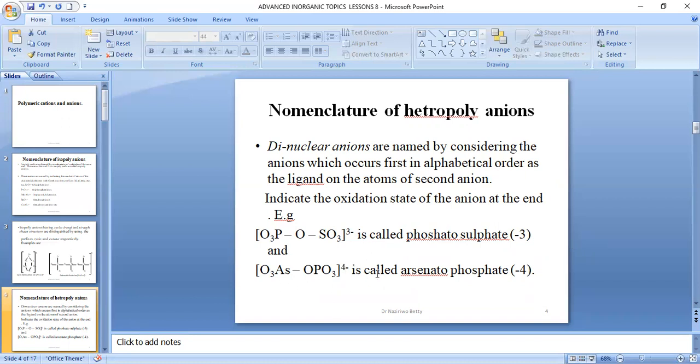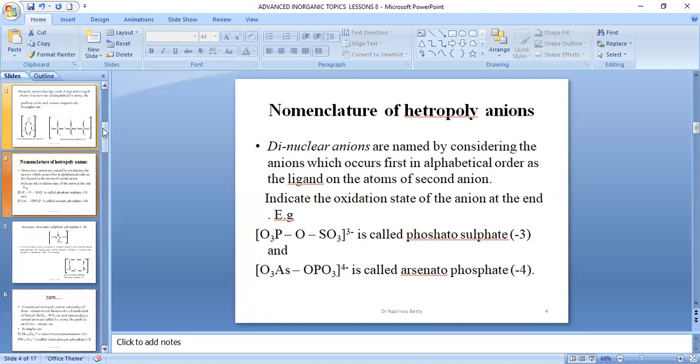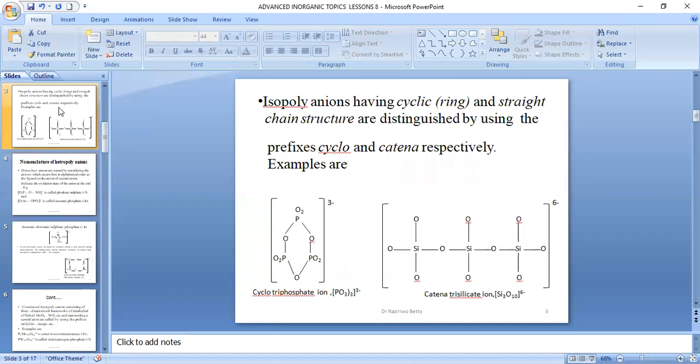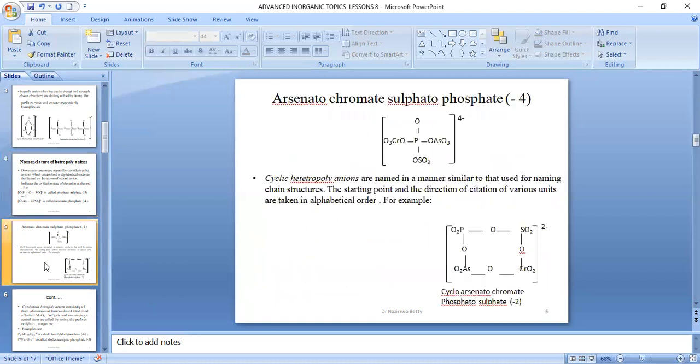Then this one is called acetatophosphate -4. -4 is the oxidation state. So if the structure is in this form, it's called acetatochromatesulfatophosphate -4.